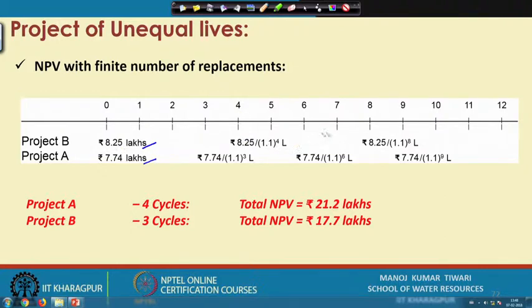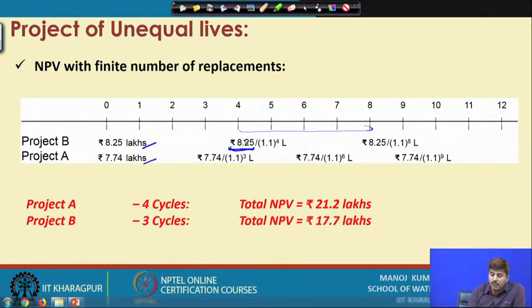So, in project B, in the second cycle, because we added in year 0, this was for 4 years. Again for the next 4 years, this is going to generate a net present value of 8.25 lakhs in year 4, and 8.25 lakhs of the further investment will be there in year 8.